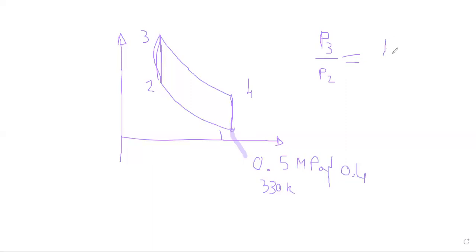So once we calculate P2, we can deduce the value of P3 using this ratio. In addition, they told us that the compression ratio is 11. If you remember, the compression ratio is the ratio of the volume at the beginning of the compression to the volume at the end. So V1 over V2 is equal to 11.